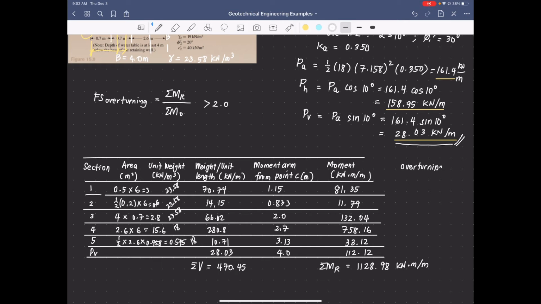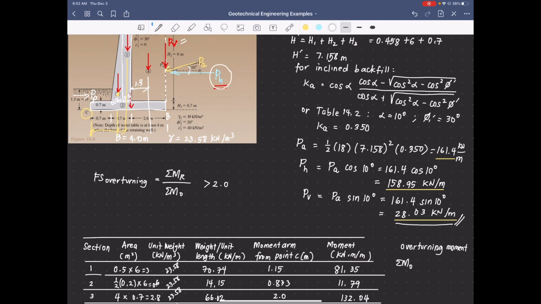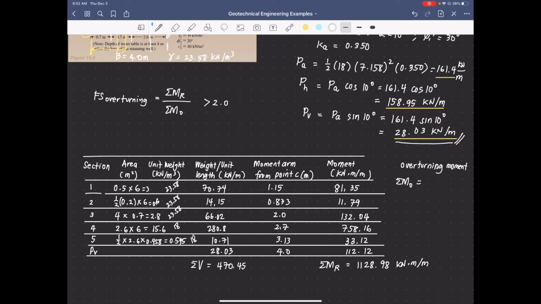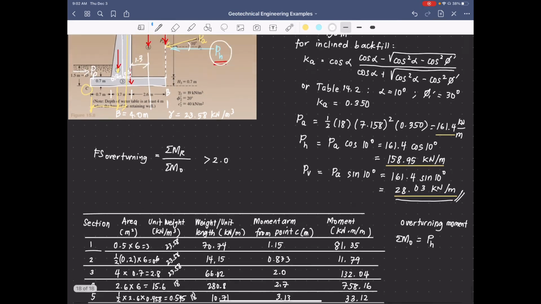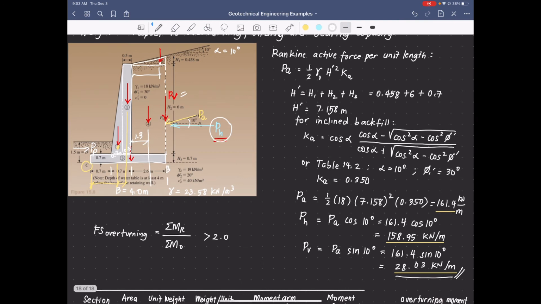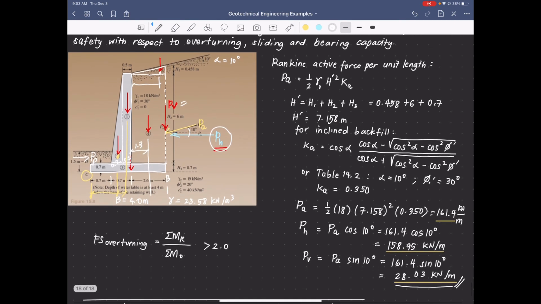And for the overturning moment, which will be coming only from the horizontal component of our active pressure, then we have P sub H, and the distance would be 1/3 of the total height, which is 7.158.